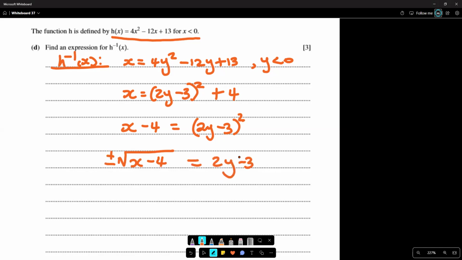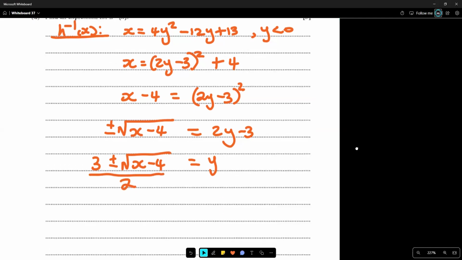Then I'm taking the 3 that side, which becomes 3 plus minus the square root of x minus 4 equals 2y. I'm going to divide both sides by 2. So the 2 that was here is there now because I'm dividing both sides by 2.